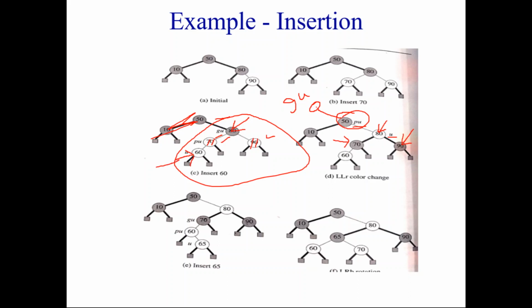So the point is, if the new node is red, and its parent is red, and the parent sibling is also red, and the grandparent itself is the root node, then we just make the grandparent, parent and parent sibling black in color.